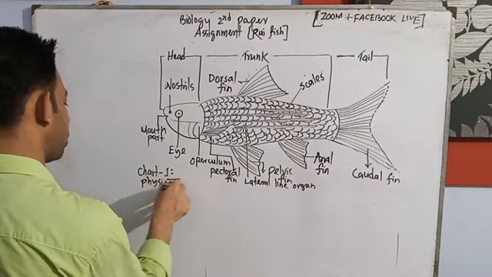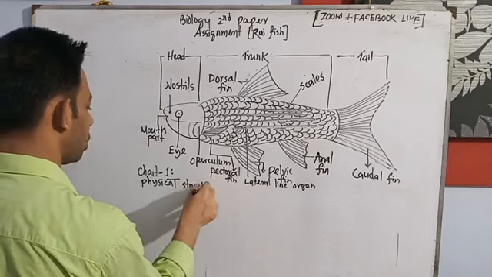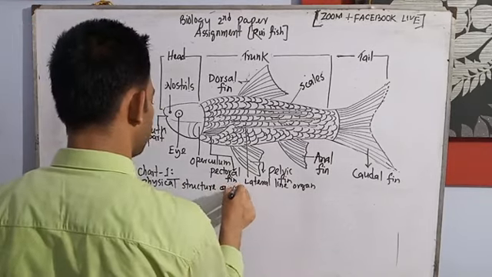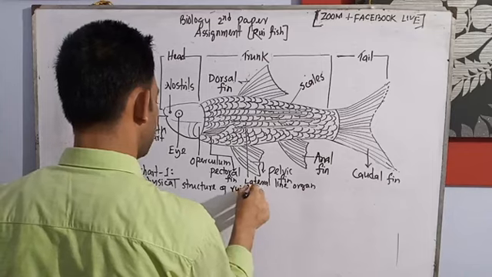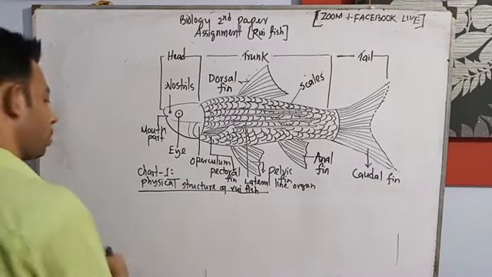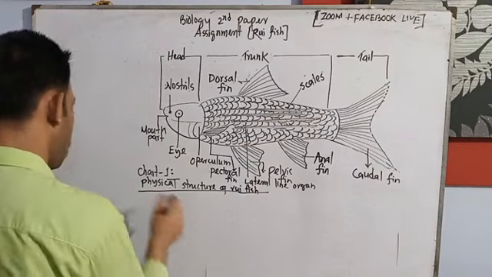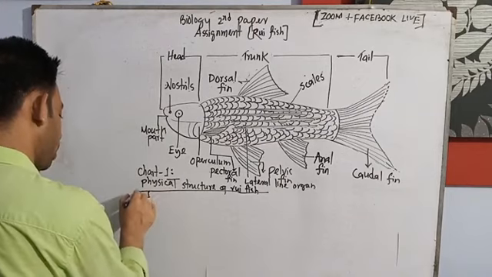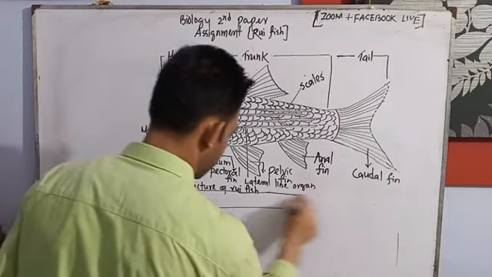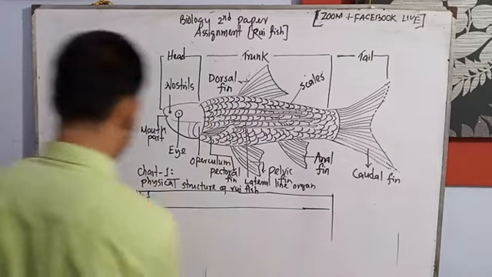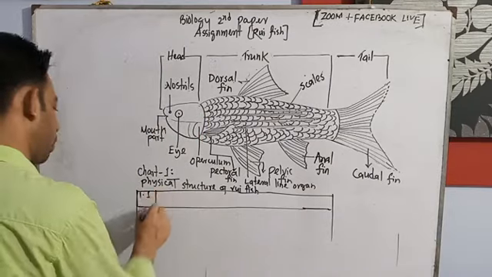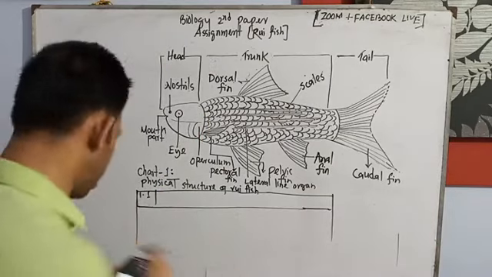This is the start of chart number 1. Chart 1.1 is for 2 marks, and 1.2 is for 2 marks, so 1.1 and 1.2 together carry 4 marks.